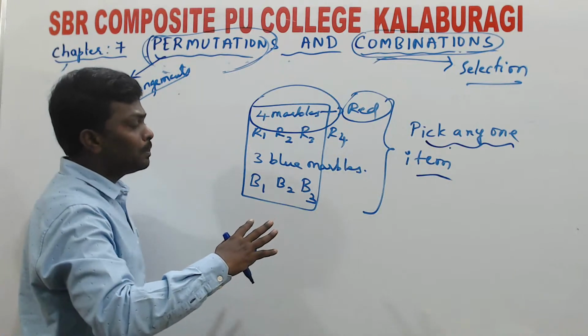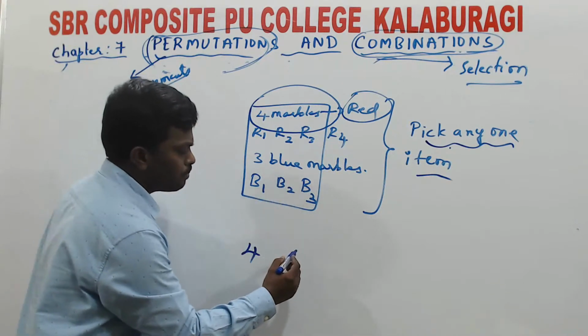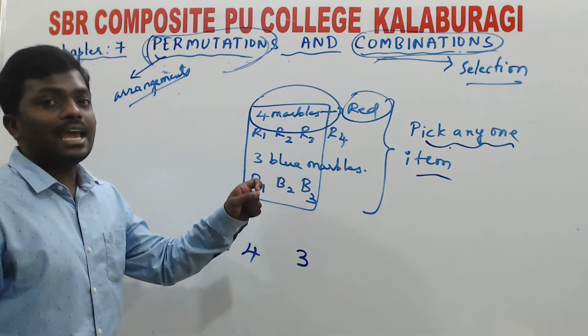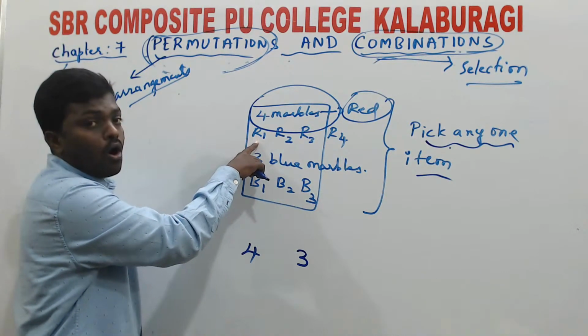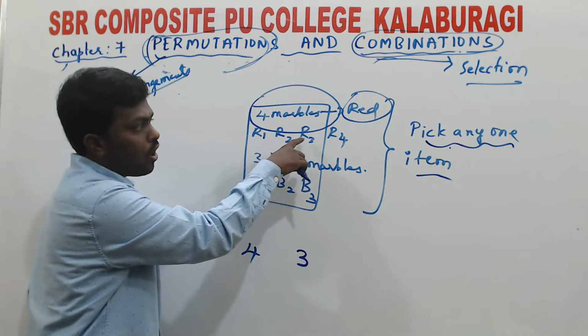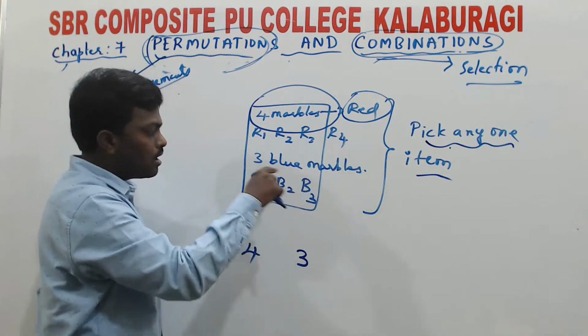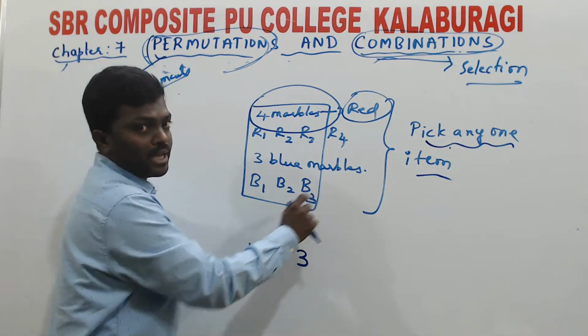Four. And to pick any one item from three blue balls, we have three. So the question is pick any one item. That means you can either pick R1 or R2 or R3 or R4 or B1 or B2 or B3.